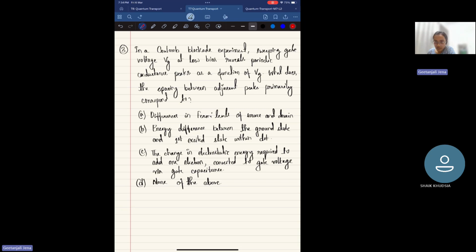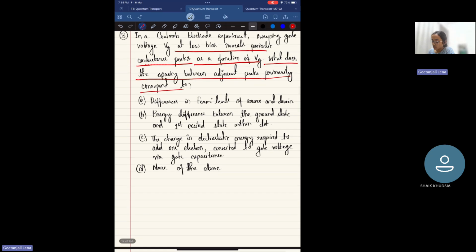Question number 3. In a Coulomb blockade experiment, sweeping the gate voltage Vg at low bias reveals periodic conductance peaks as a function of Vg. So you are varying the Vg at low bias, and we are seeing a periodic conductance peak as a function of the gate voltage. What does the spacing between the adjacent peaks primarily correspond to?